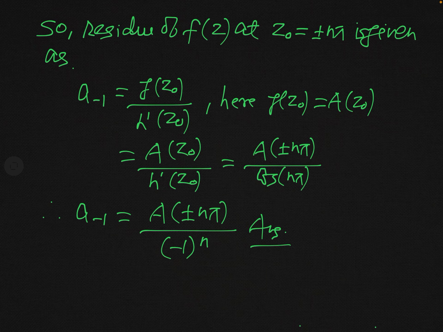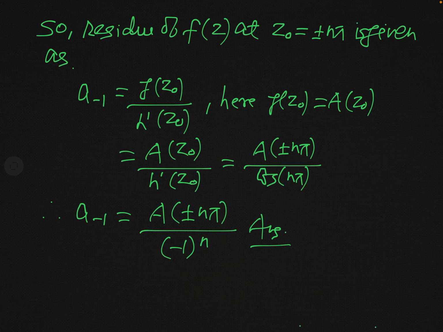We know in this condition the residue of the function f of z at its pole z naught equal to plus minus n pi is given as g of z naught over h prime of z naught.